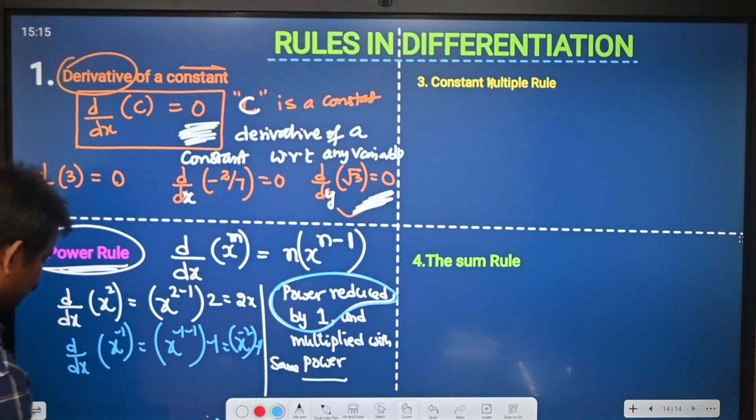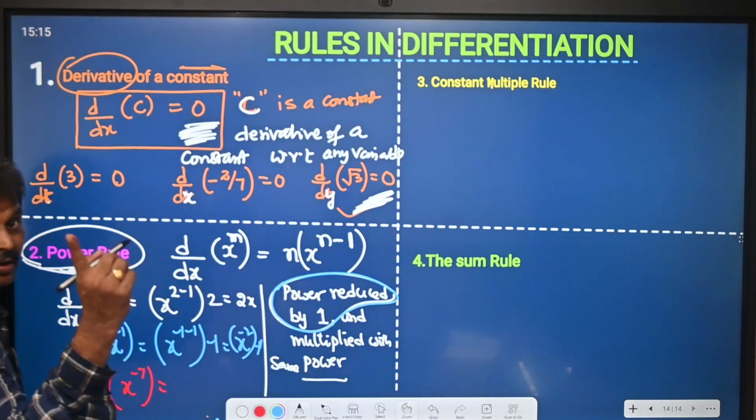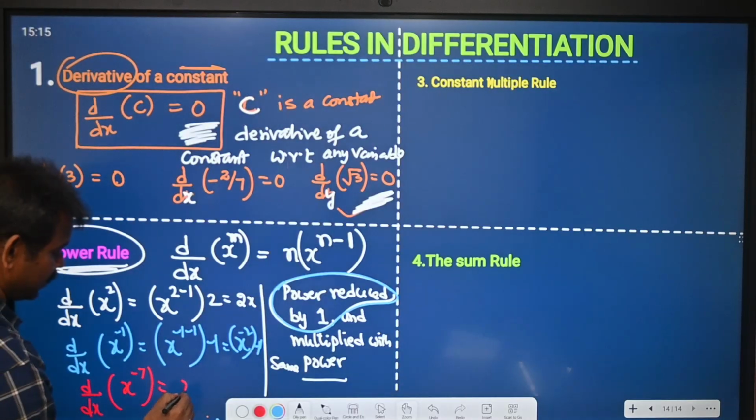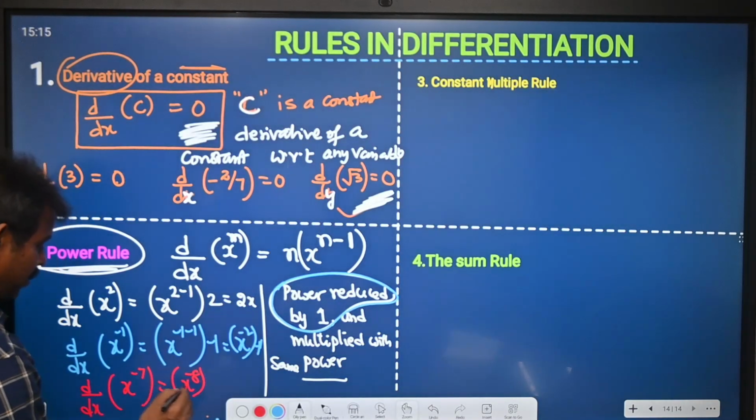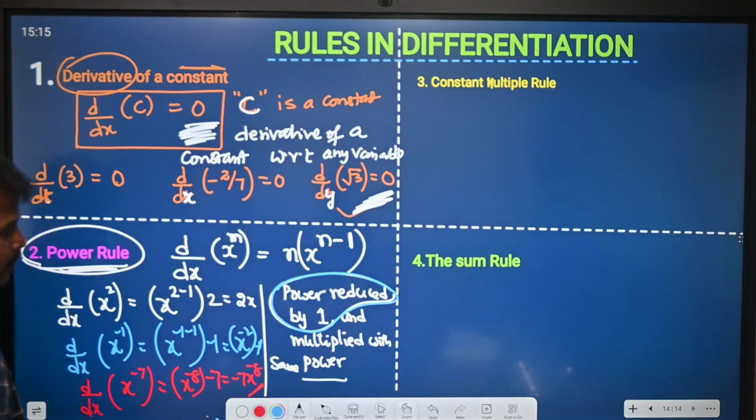Similarly, one more example, d by dx of x power minus 7 will become, power reduced by 1, minus 7 minus 1, x power minus 8, multiplied with the same power. So this is minus 7 x power minus 8.